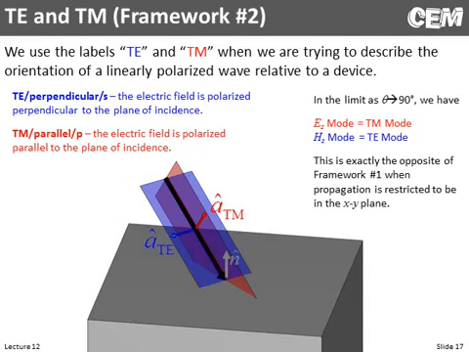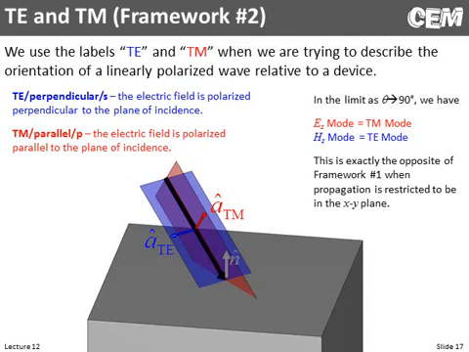Now, bounce back and forth a couple times between this slide and the last slide, and we're defining TE and TM opposite. And sometimes in the literature you'll read it this way, sometimes in literature you'll read it the other way. What I can say is what is on this slide seems to be emerging as the dominant convention for defining TE and TM modes.